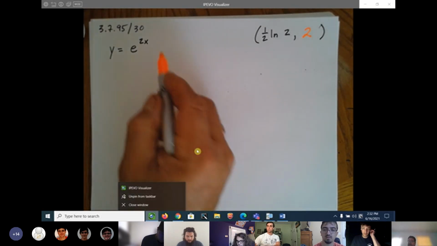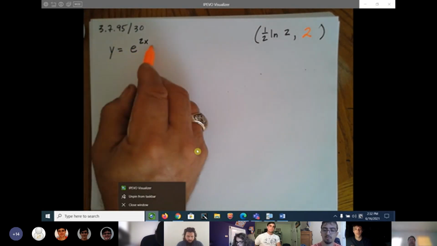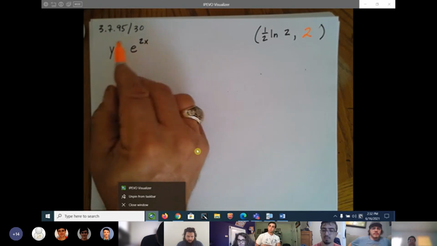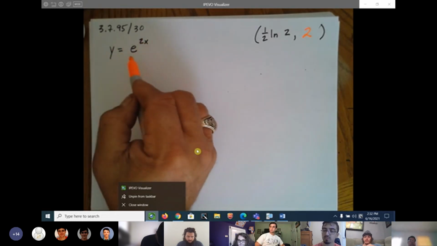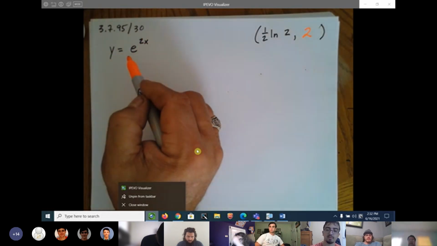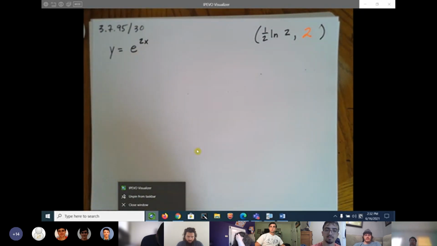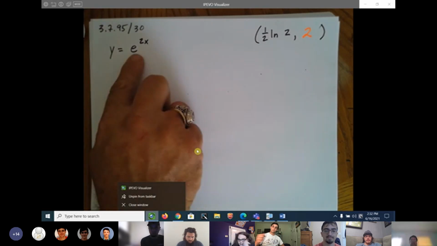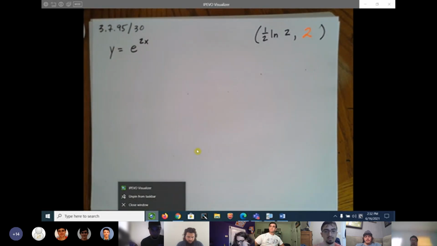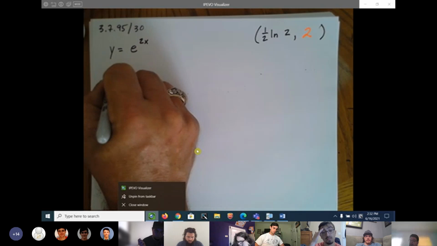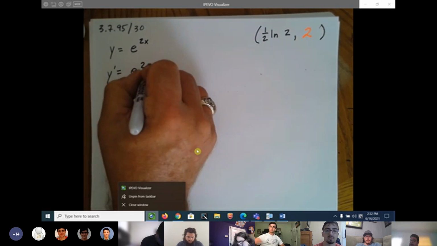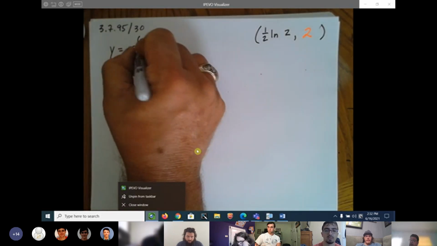So you've got to take the derivative of this. Is it that difficult? No, it's real simple. What's the derivative of e to the x? e to the x. So you rewrite this. That's the easy part. y prime is equal to e to the 2x. Then what?